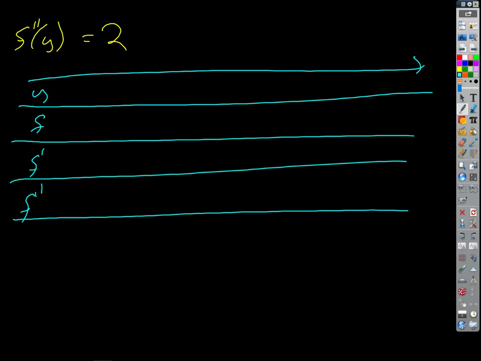Our domain, we said, goes from negative infinity up to and including 4. We had one critical number at 5/2. It was a 0 of the first derivative. Second derivative is always positive, so we get a horizontal tangent line. And what is this? It's a minimum.